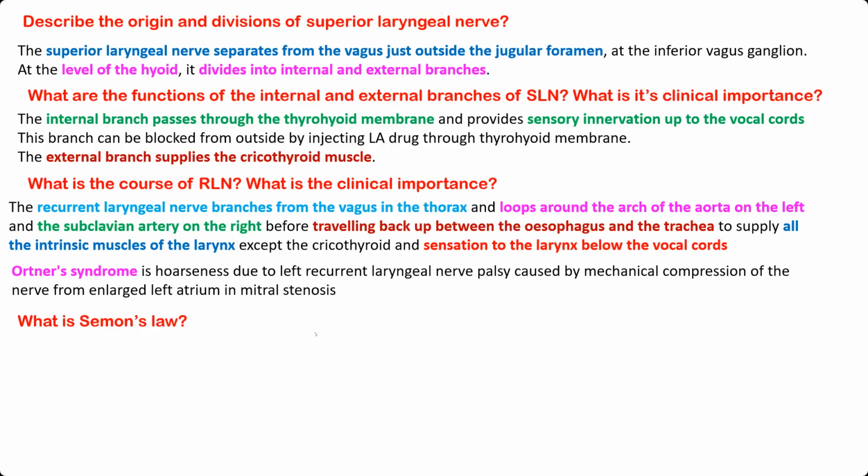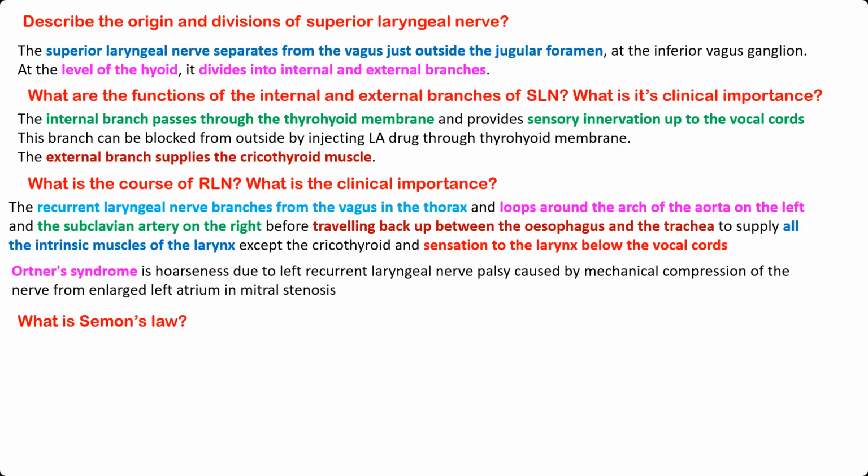The outer fibers are affected first, that is, abductors are affected first. Fantastic. So abductors, which we saw, only the posterior cricoarytenoid is the only abductor of the vocal cord. And phylogenetically, that is during evolution, this muscle developed later.